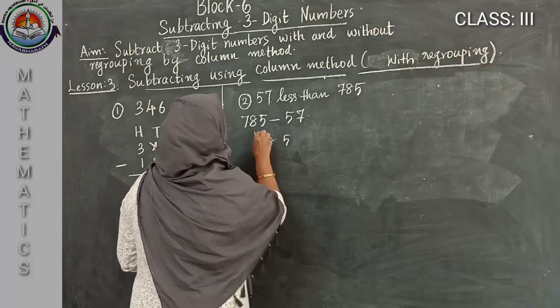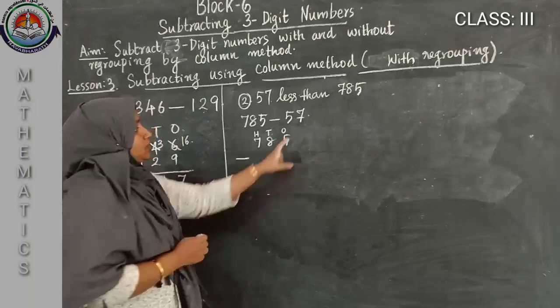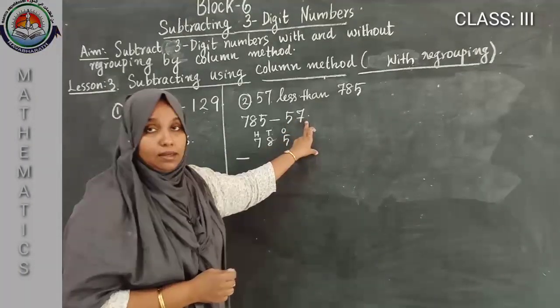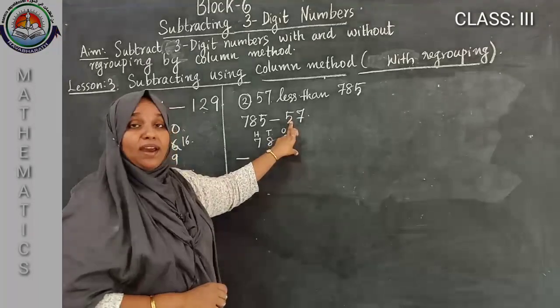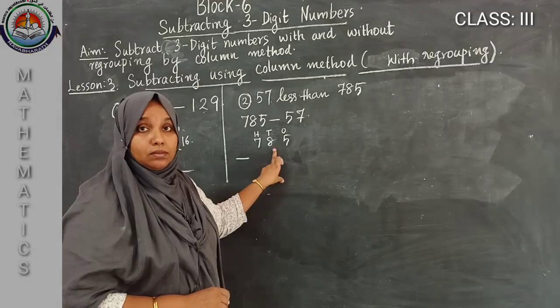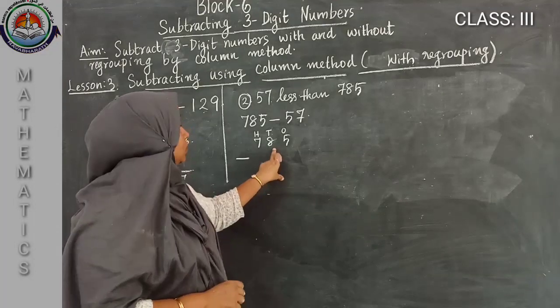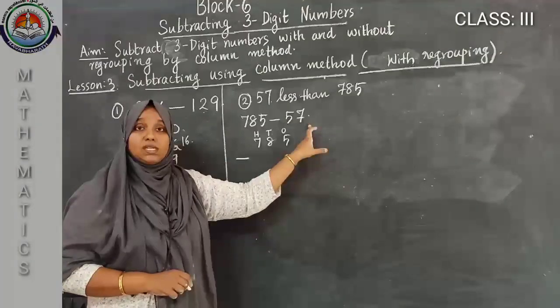Then 785, we have to write the hundreds, tens and ones, minus. See, here 2 digits are there. So where do we have to write this 5? Just below 7 or below 8? It should be written just below 8. Why? Because this is a 2-digit number.